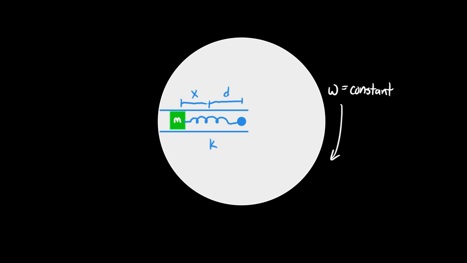And just consider what the block is doing. The block is experiencing a force in this direction from the spring. Agreed? Is that force causing a change in the motion of the block? Meaning the block is going this way, right?